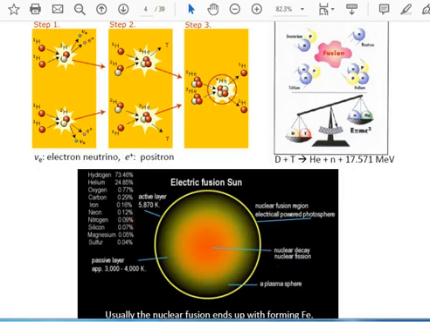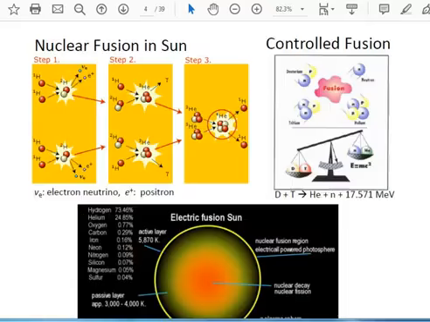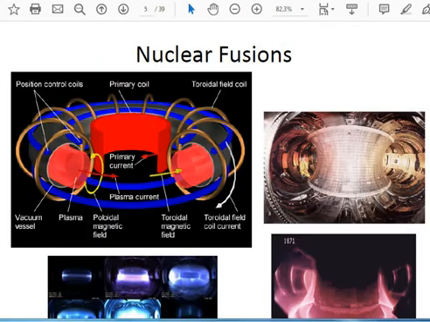So the sun is surrounded by a layer of corona plasma. And the Earth is also surrounded by a layer of plasma, which is known as the ionosphere.